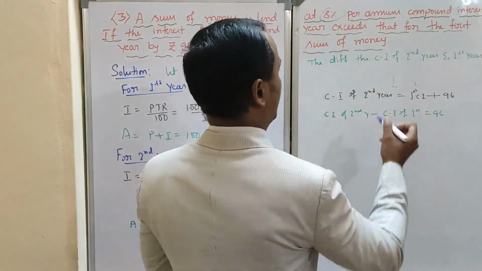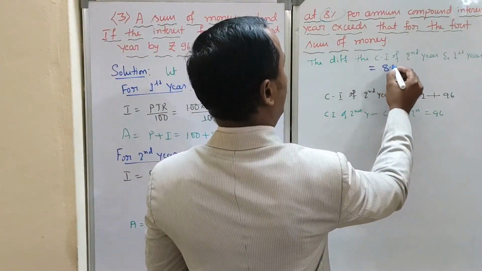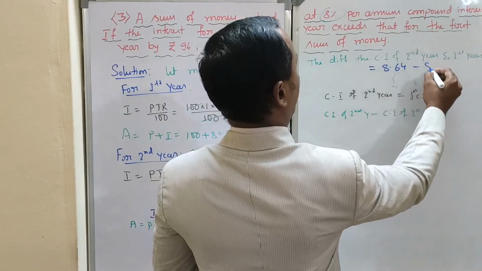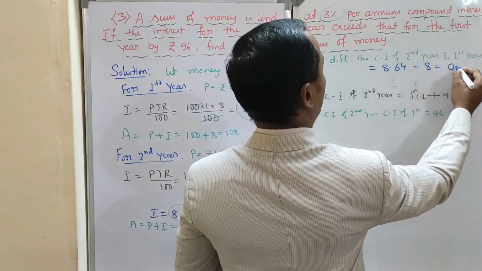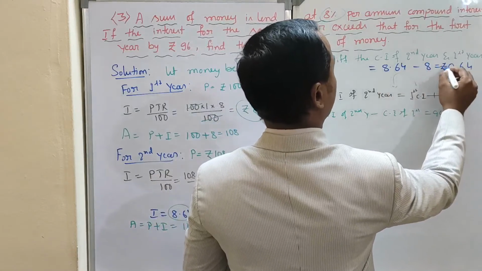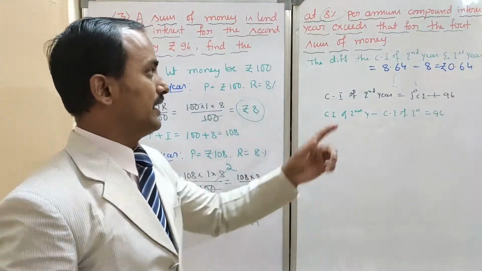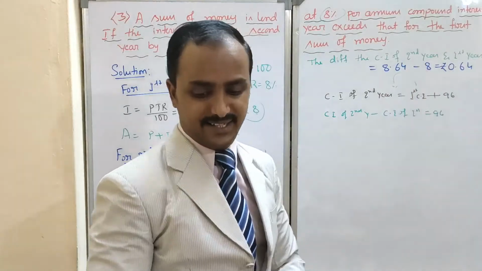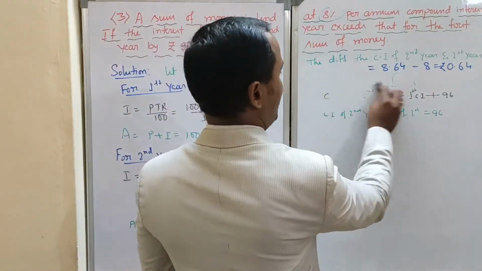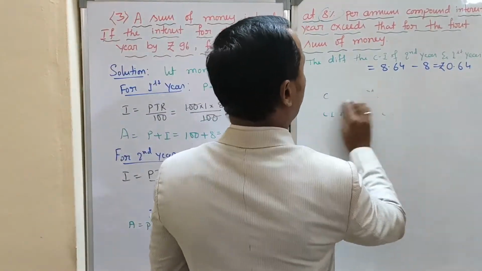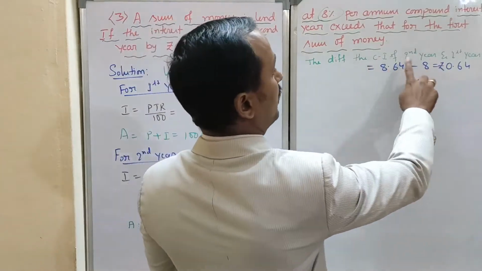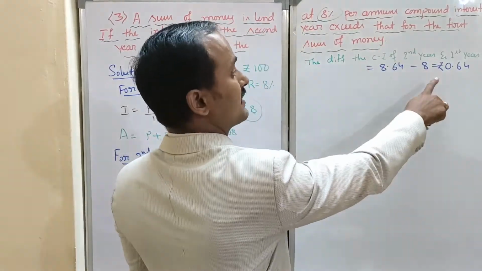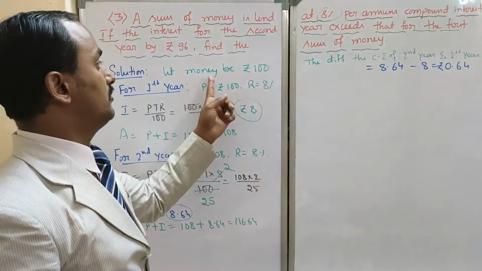Look here, that is 8.64 minus 8 rupees. The difference, how much will come? 0.64 rupees. Understand? The difference between the second year compound interest and the first year compound interest is 0.64, dear children. Okay, this is from the assumed money. This compound interest difference we got from the assumed money.